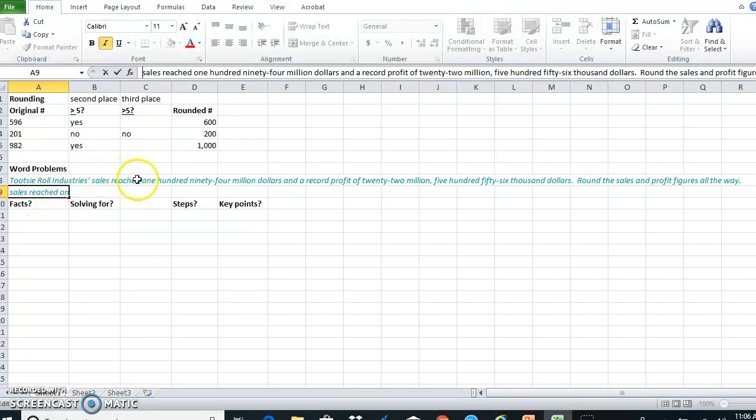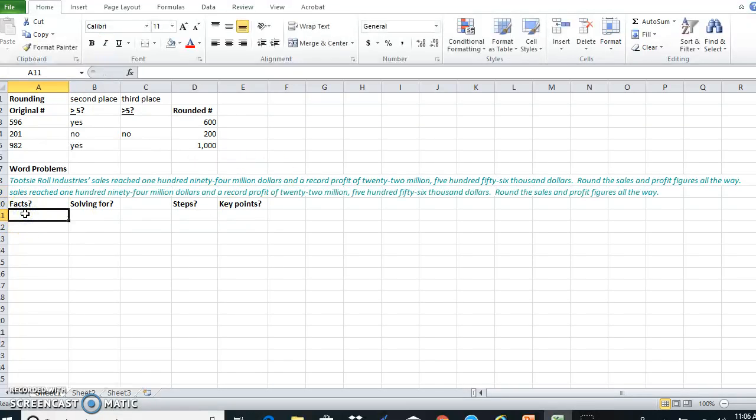So sales reached $194 million and a record profit of $22,556,000.